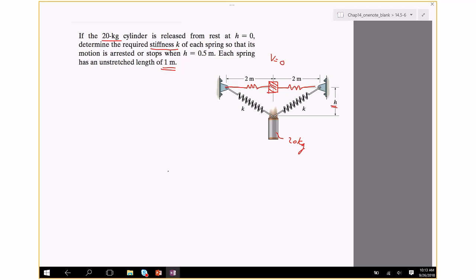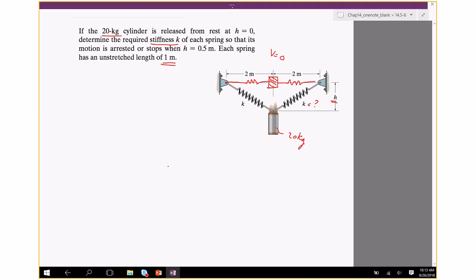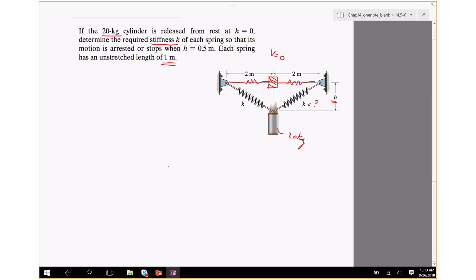No, sorry, you're given height h, you're going to solve for k. So first of all, for this problem there is only gravity and there's a spring. So we can use principle of conservation of energy to solve this.